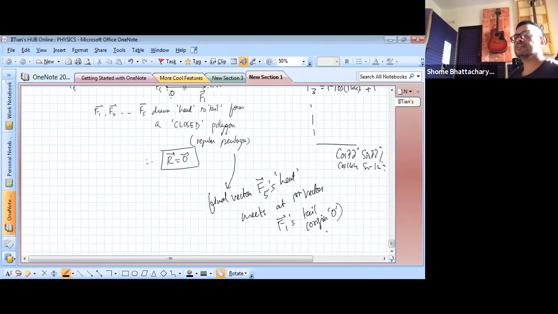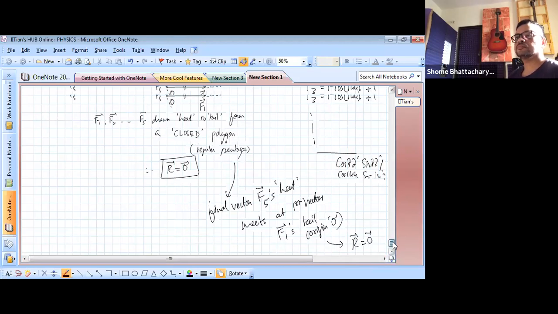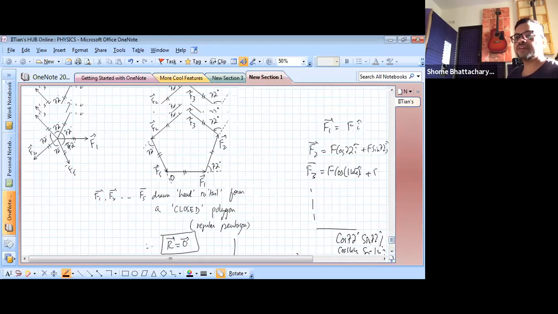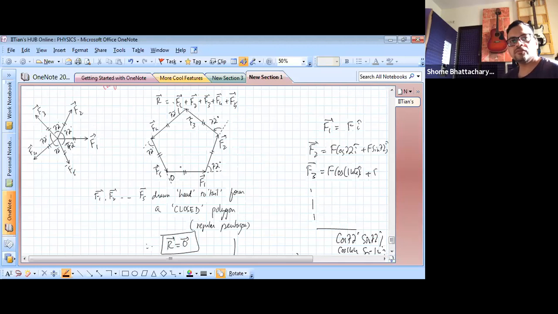So that's why the resultant is 0. This final vector's head is coming back to where the origin of the first vector is. So that's why the resultant of these vectors is becoming 0. They are forming a closed shape. Okay, so this is your 12th question.